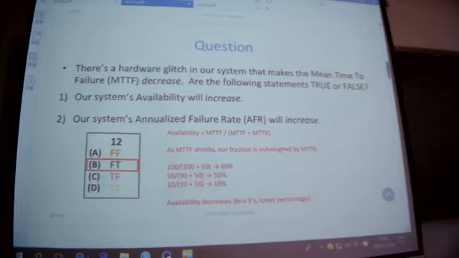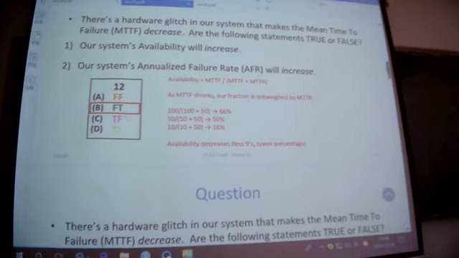If the MTTF decreases, the availability decreases. So availability decreases because the MTTF decreases. So the answer is as stated.